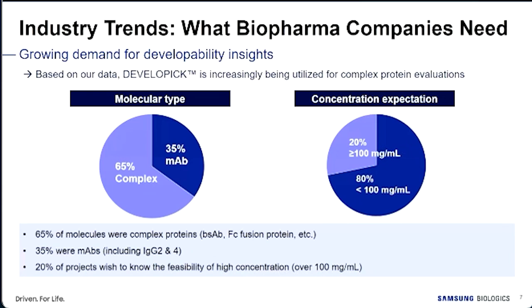In terms of concentration expectation, 20% of clients wish to confirm the feasibility of high concentration, that is over 100 mg per ml concentration of DS and DP, using real solubility testing. This insight reflects the growing demand for robust assessment tools that can handle increasingly complex biologics.